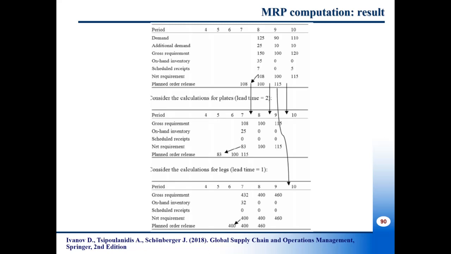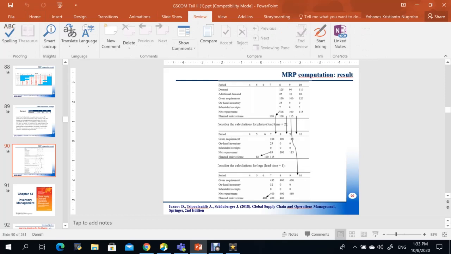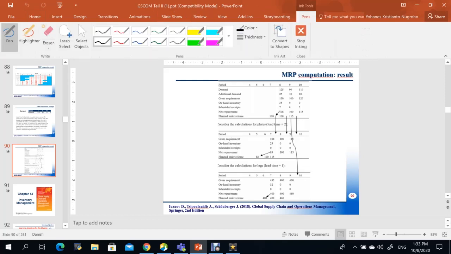Now we are going to include inventory and scheduled receipts into consideration, assuming the following problem statement. Lead time for the table production is 1 period. So to produce 1 table, we need 4 legs and 1 plate.